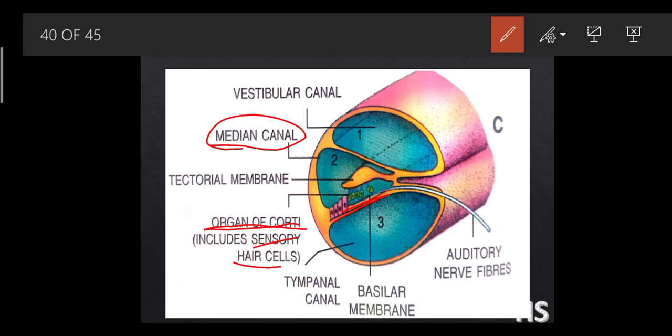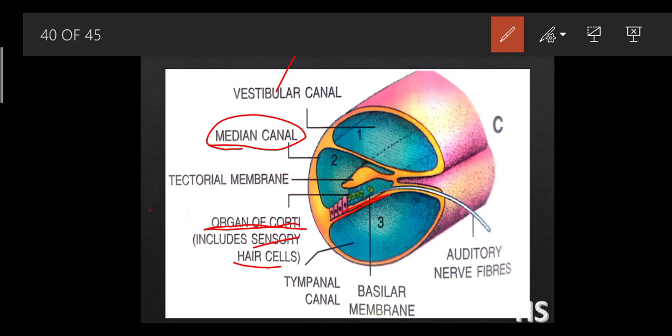They include the sensory hair cells. But in old age, the number of sensory hair cells keeps on decreasing. As the number of sensory hair cells decreases, it becomes very difficult for the person to hear. That is why often in old age you have seen people carrying a hearing aid. What is the function of that hearing aid?